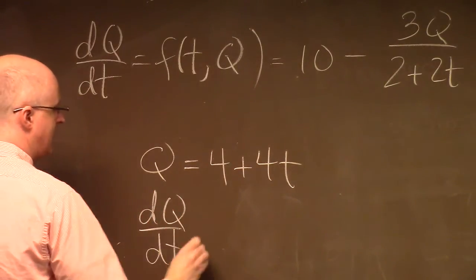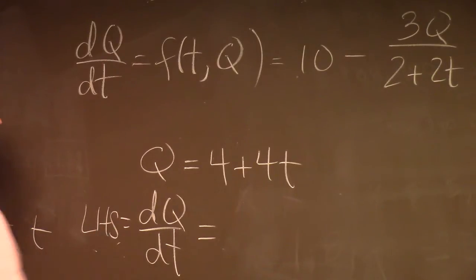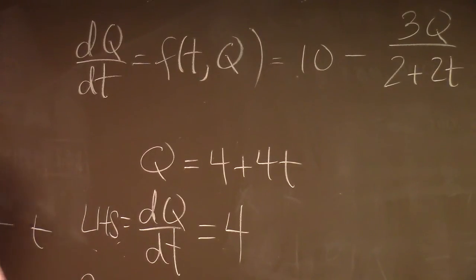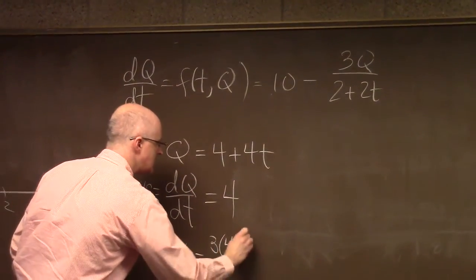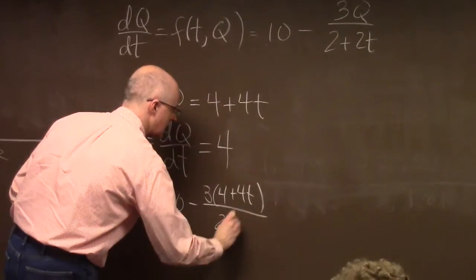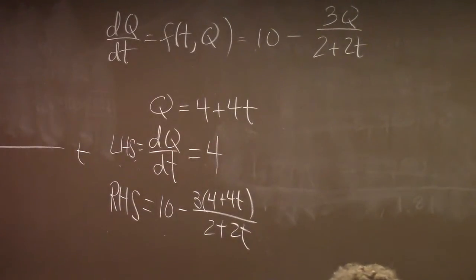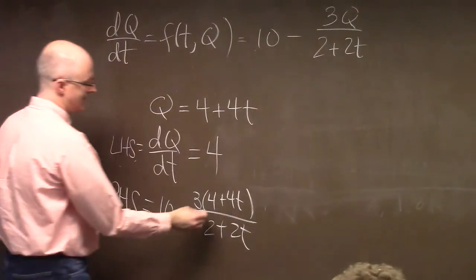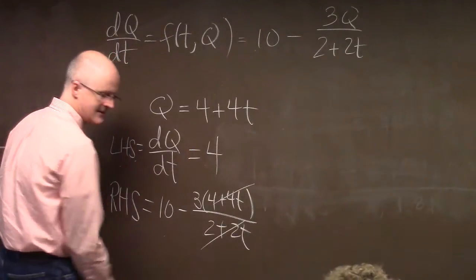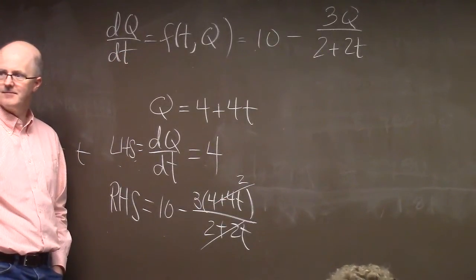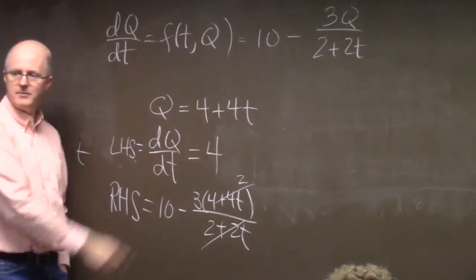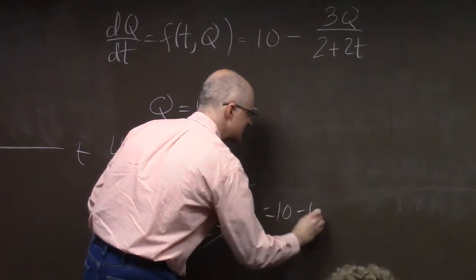Let's check it. The left-hand side, the q prime of t is always 4 for all t. The right-hand side better be the same thing for all t. 10 minus 3 q, that whole thing cancels with this whole thing to leave a 2, right? 2 times 3 is 6, and 10 minus 6 is 4.